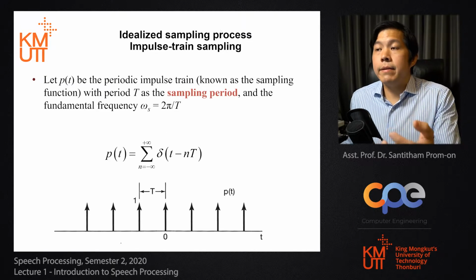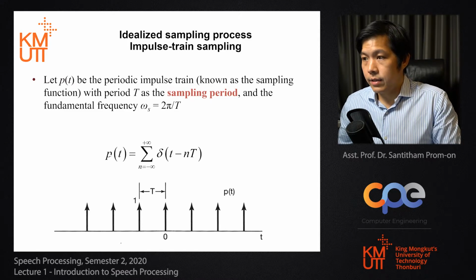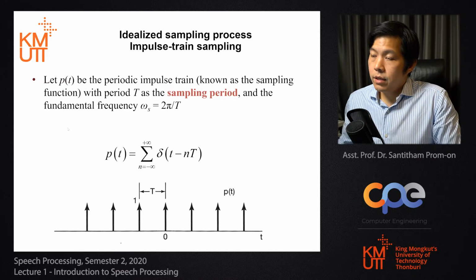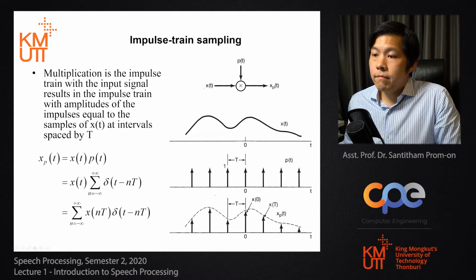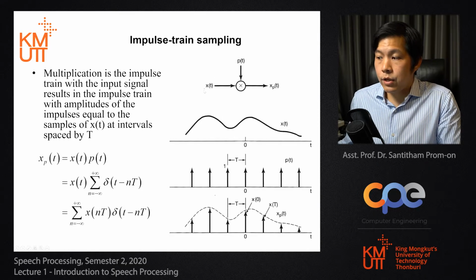Mathematically, sampling is the process of having an impulse train like this one, and then we perform multiplication of the impulse train with the actual signal.